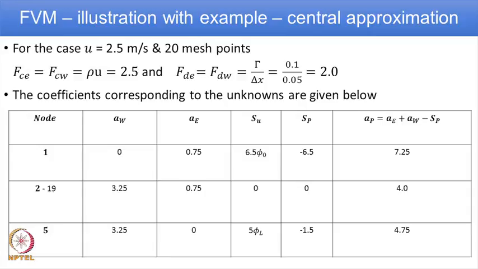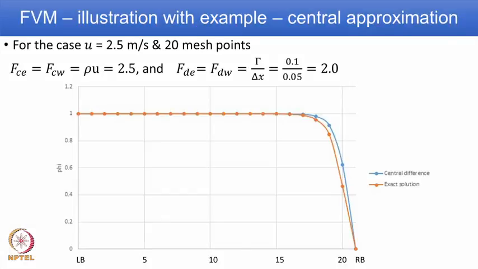The boundary condition appears through the source term for the near nodes, that is what you see here, node 1 and node 5 have values. Once again you can observe AP is related to the neighboring coefficients, you can again cross check these values.